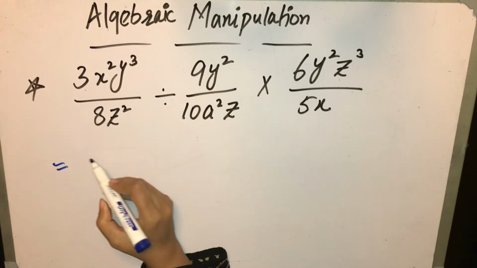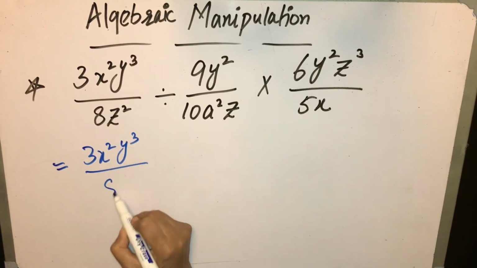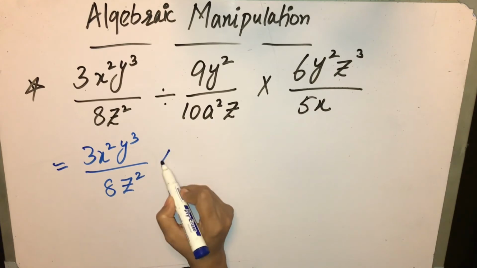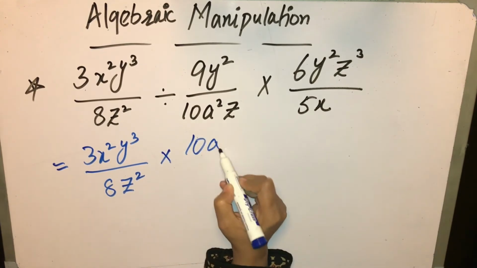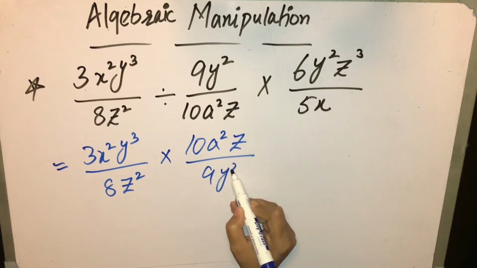Another example. First of all, we have to convert the division sign into multiplication. Take the reciprocal of the next fraction.